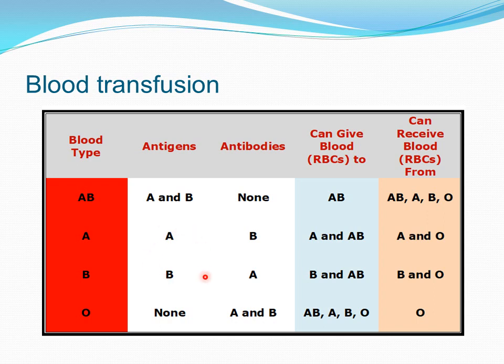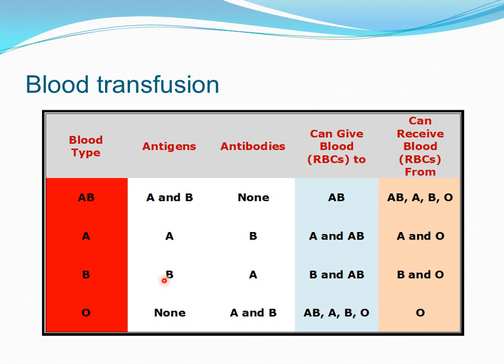So what is happening there? That process is called agglutination. So what is agglutination? That is clumping of the RBCs when there is a wrong transfusion of blood, that is, a person having blood group A is given blood group B, or vice versa.